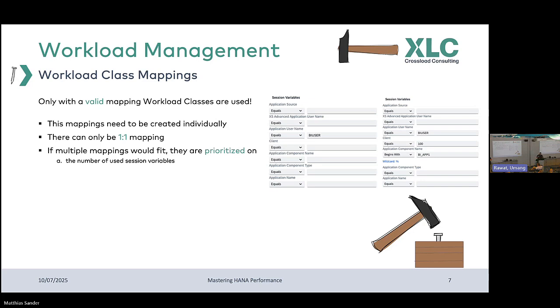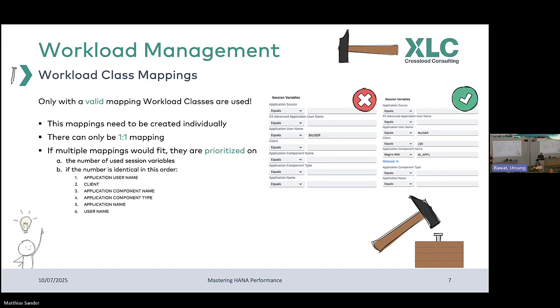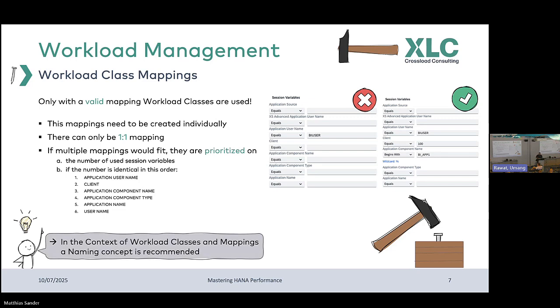The more precise the mapping is, the higher the priority. If it's the same number, there's just an order, which comes from the SAP documentation as well. You see the order here.